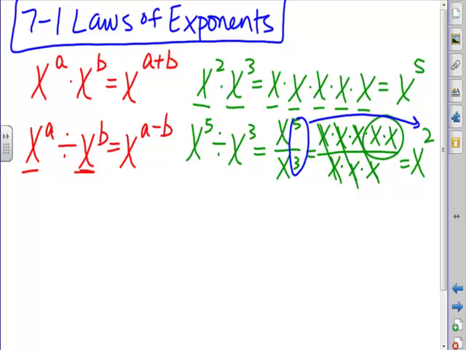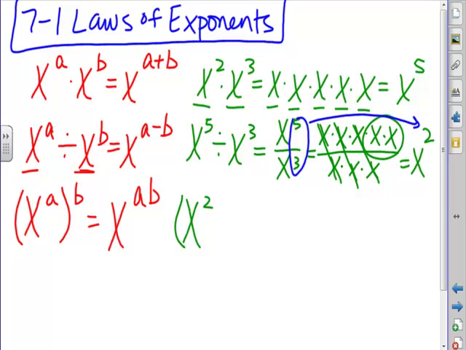Okay, next law. X to the a power raised to the b power. This is known as the power of a power. It is really just the same as x to the a times b. And a quick example to show you that would be something like this.